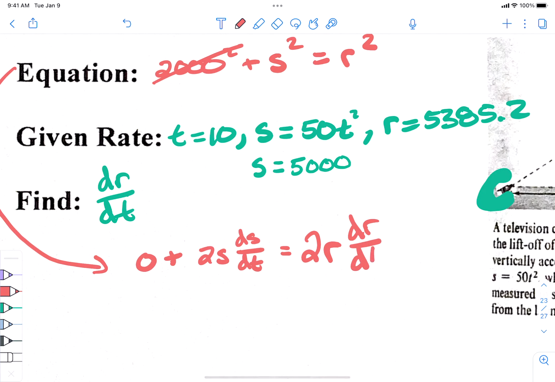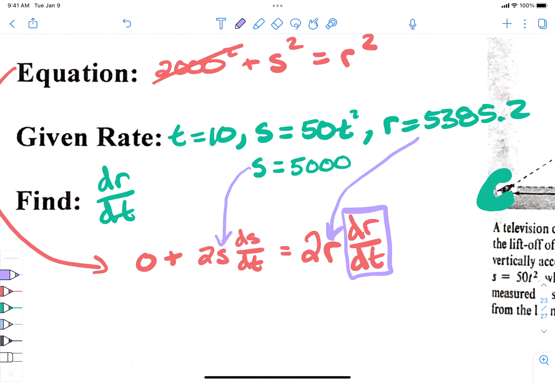Now we're trying to solve for dr dt, so I'm going to circle it because that's what we don't know, okay? We do know r, that's this guy. We do know s, that's this guy, but we don't know ds dt. Can we find it?